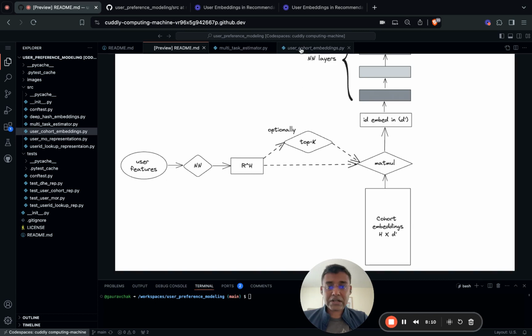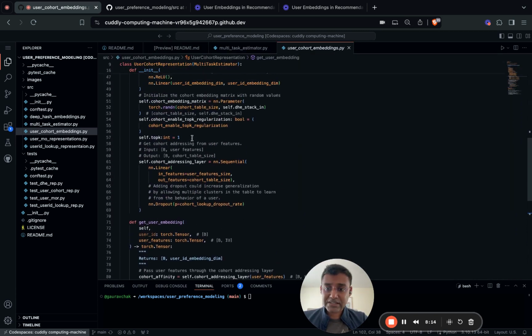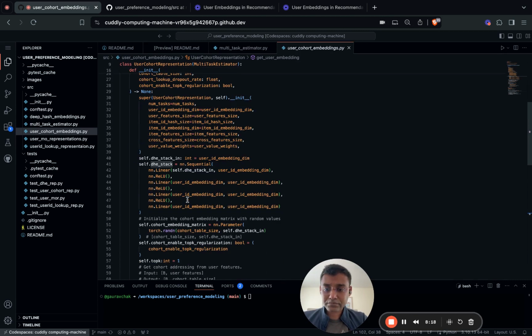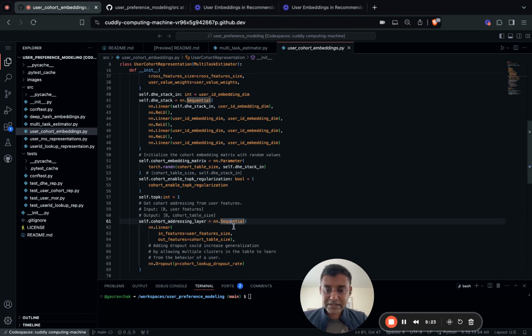Okay. So coming back, let's look at this cohort addressing layer. It takes the user features and outputs the H, which we called H in our diagram, one value for each point in the cohort table, and dropout, like we mentioned.